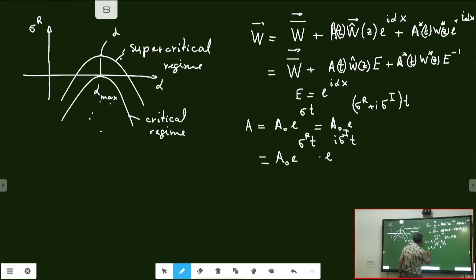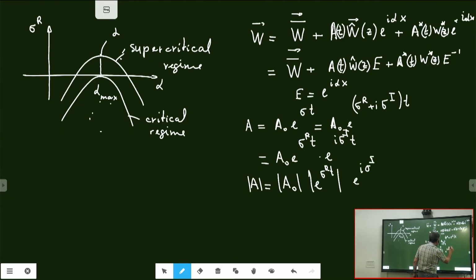So now if I take the magnitude of that, I will get obviously the magnitude of individual things. So it is the magnitude of A0 e to the power sigma r t, times the magnitude of e to the power i sigma i t. Agree? So, which is equal to? Nothing we can do about that.